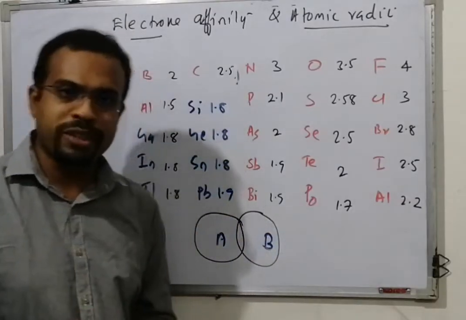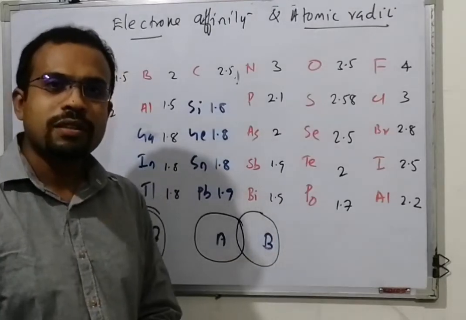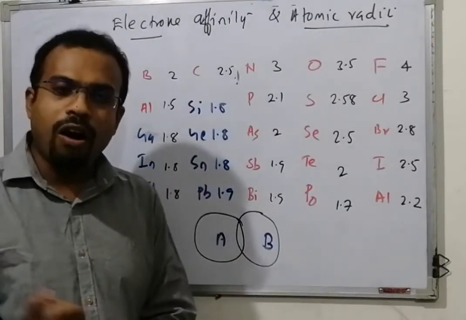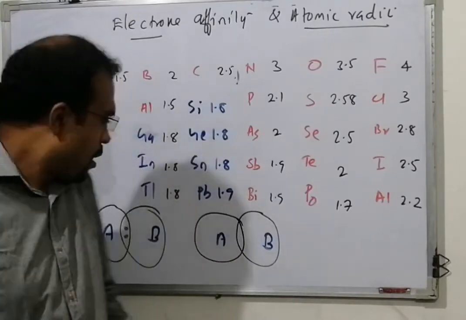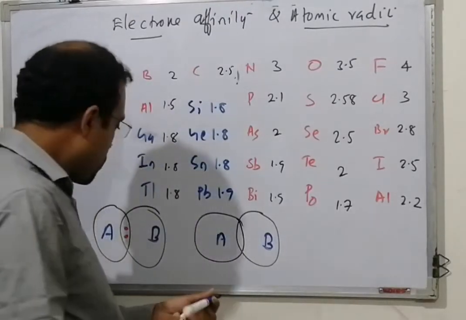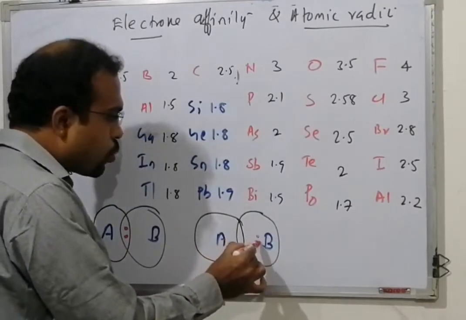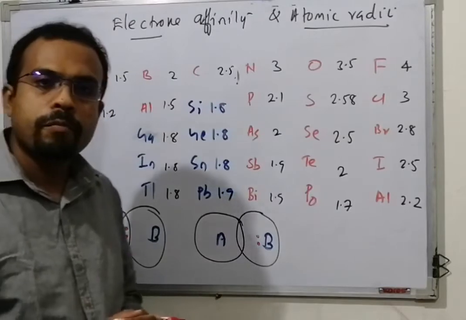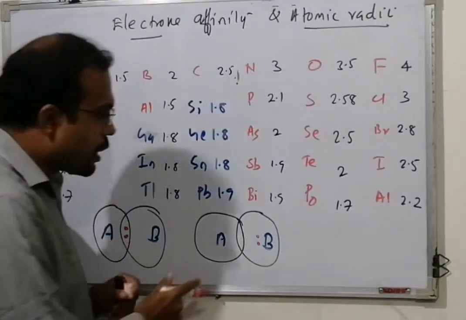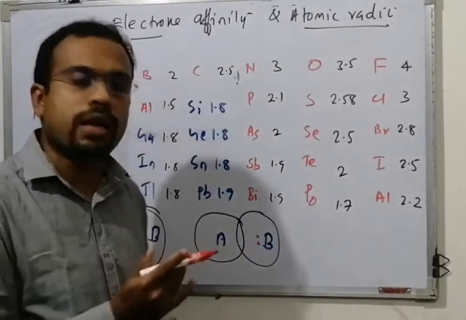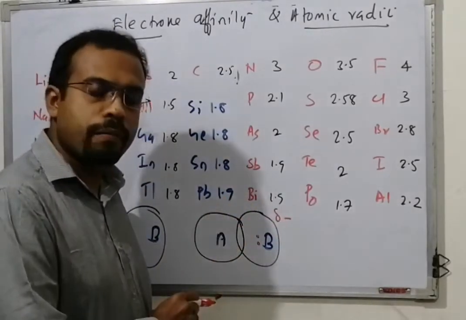After the bond formation, just like after the marriage, the husband taking all the belongings of the wife towards him, this shared pair is attracted towards B. Suppose this is the electron of B, this is the electron of A. Now B has got some extra negative charge, reflected by a partial negative charge here.